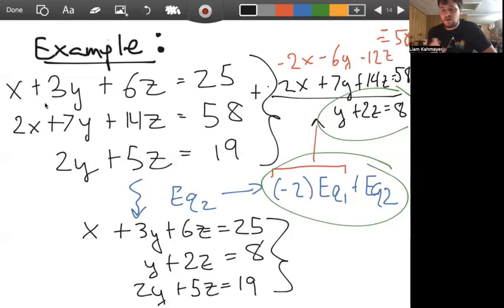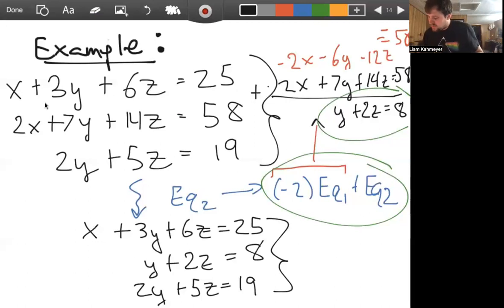And so what we've done here in replacing equation 2 with -2 times equation 1 plus equation 2 is we've eliminated x from that second equation in this system, right? Now we can use that to our advantage and do something similar to get rid of, say, y or z, and then we'll just be left with one variable, and then we can solve explicitly for that solution insofar as it exists.